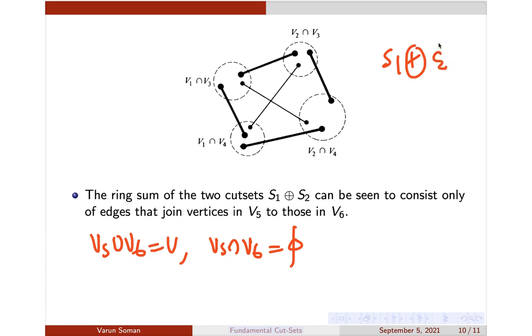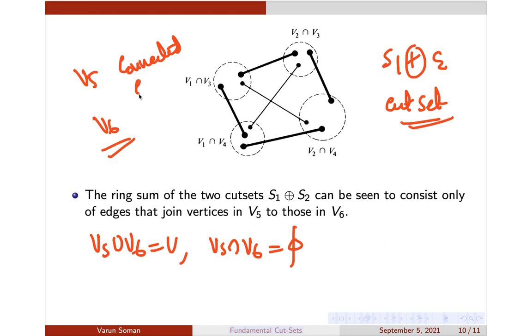Now, can I say it's a cut set? It will be a cut set provided your V5 and V6 are connected components. Why is it so? What's a cut set? A cut set is the minimal set of edges which will disconnect the graph.